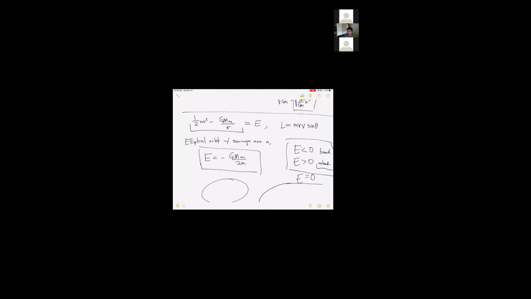Don't quote me on this, but the astronomical objects that we know and love are on bound orbits because we keep seeing them over and over again. But there are other objects which only pass by the sun once, essentially, in hyperbolic orbits. That is the notion of bound and unbound.